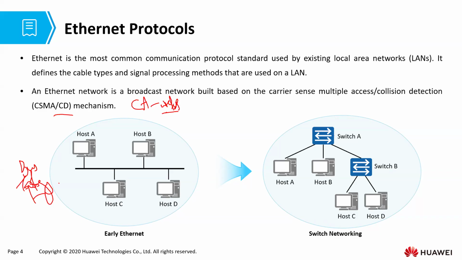In early Ethernet, every device in the network is attached to that shared medium, meaning if there is need for communication from any of the hosts, it passes through the shared medium. The problem is that if multiple devices try to access that shared medium at the same time, there will be more collisions.